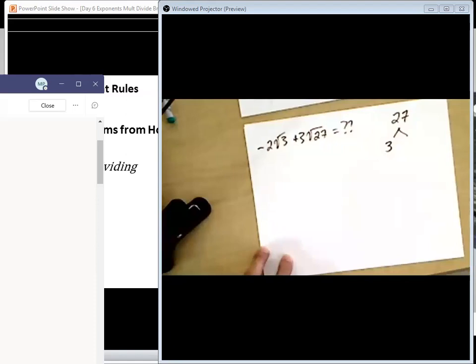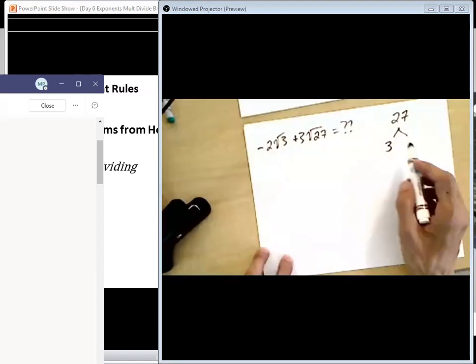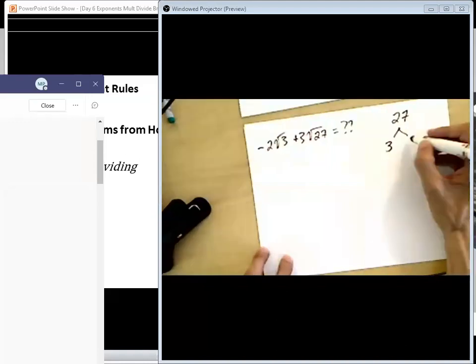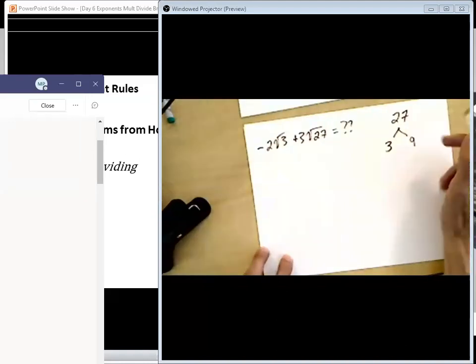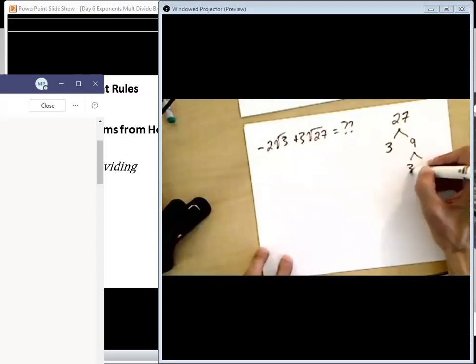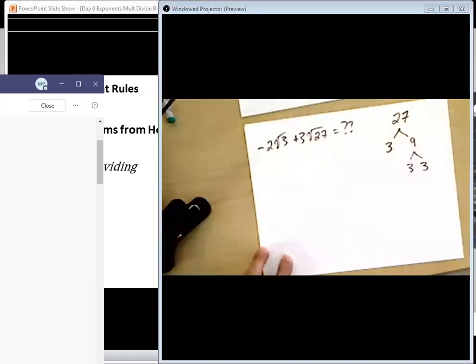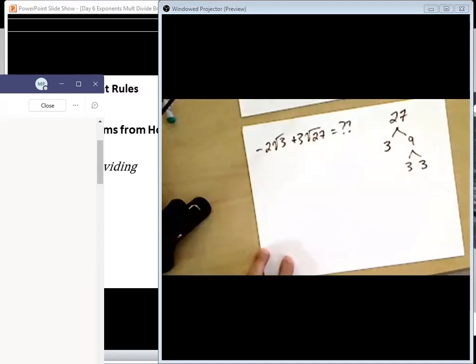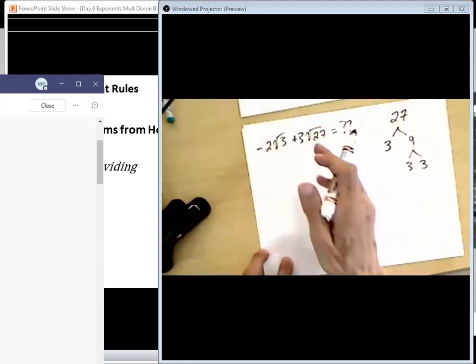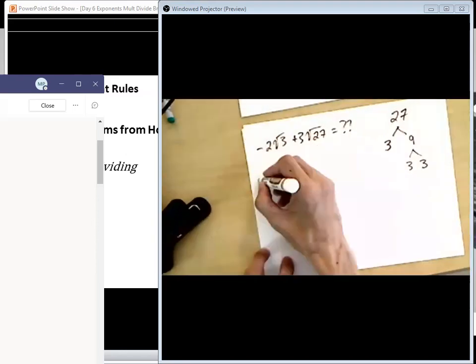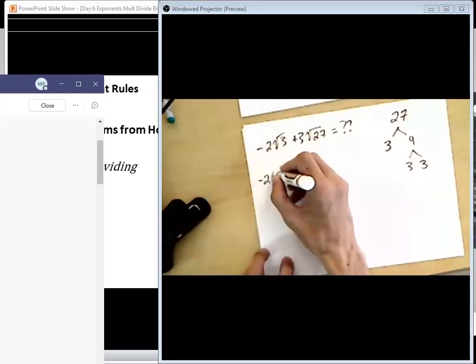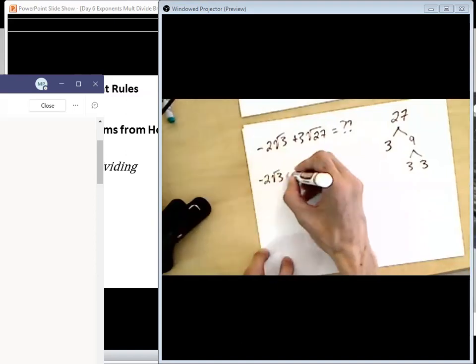3 times what gives 27? 9. Nice. So 9 can be broken down like that then as well, right? Oh, yeah. And that means we can do stuff up here now. Minus 2 root 3.